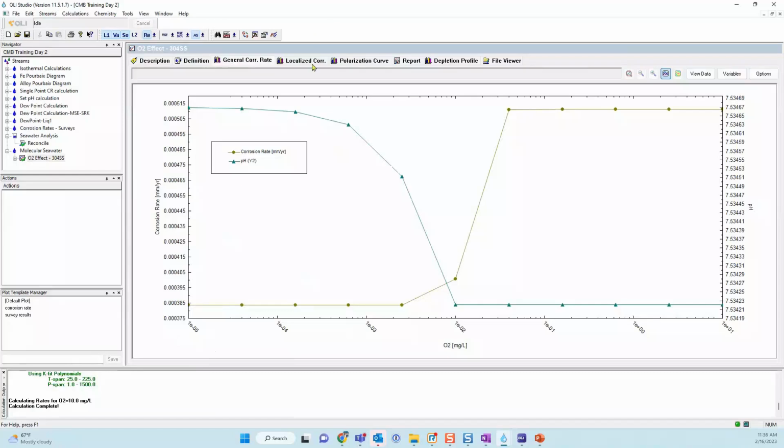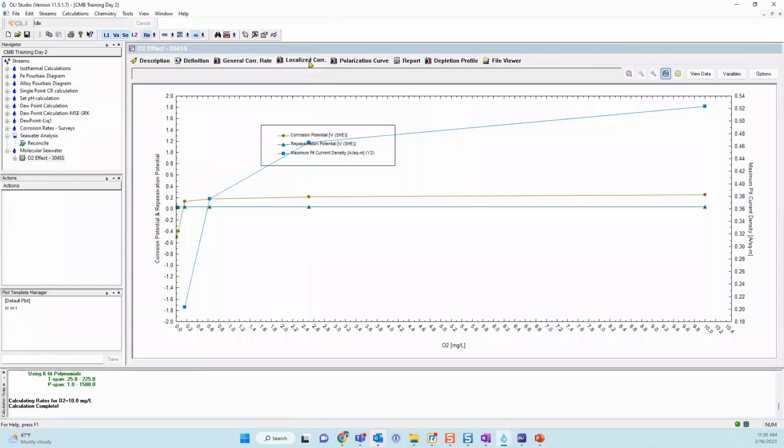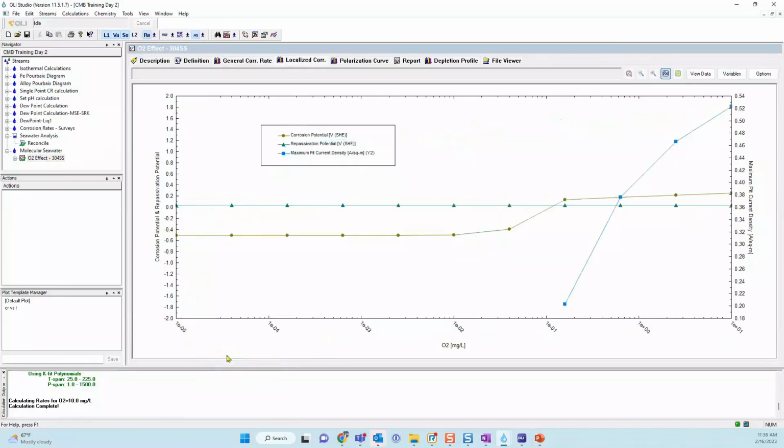But when we go to the localized corrosion side, again, we need to change this to a logarithmic scale. We see that at low concentrations of oxygen, the repassivation potential is above the corrosion potential, so you don't have localized corrosion damage.